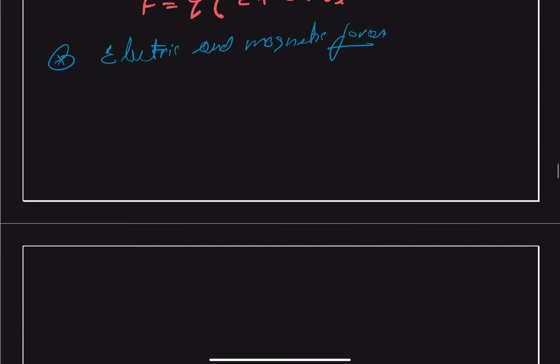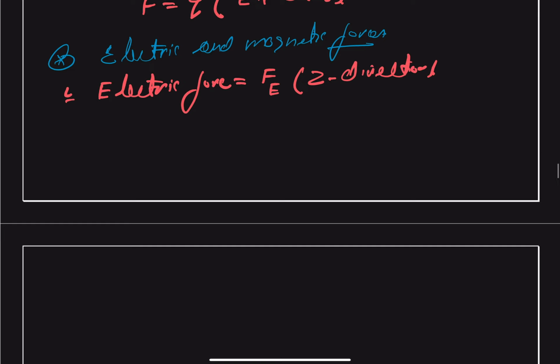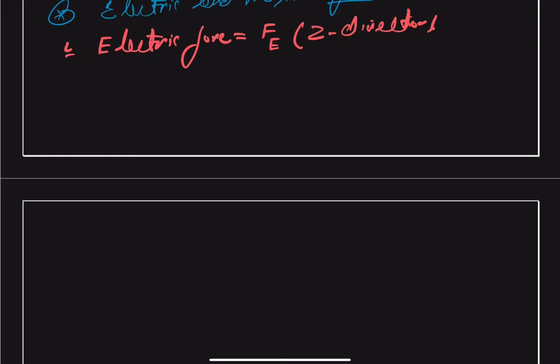First of all, let's find our electric force. Our Fe is only in the z direction, and our electric force will be equal to charge times electric field in z direction.